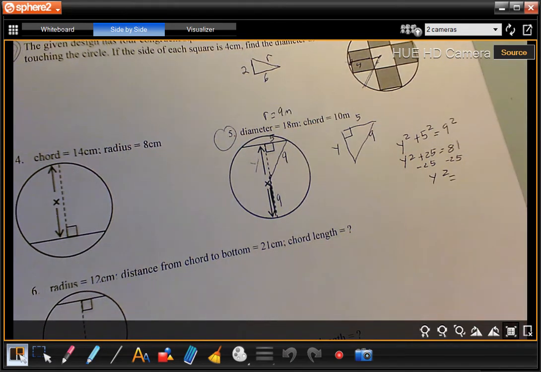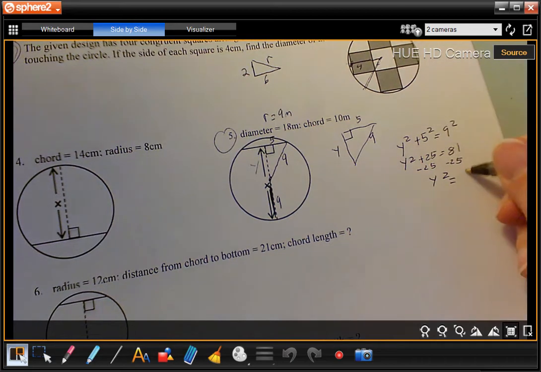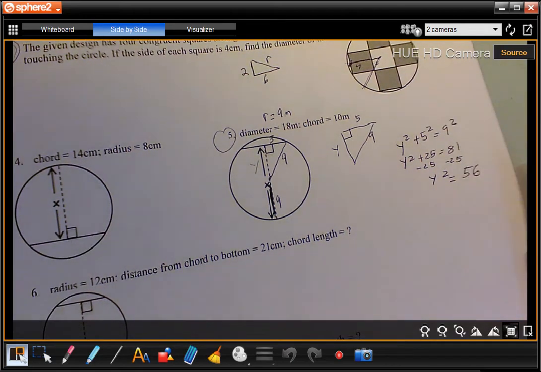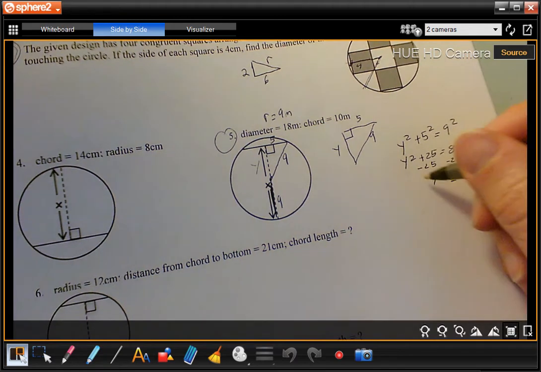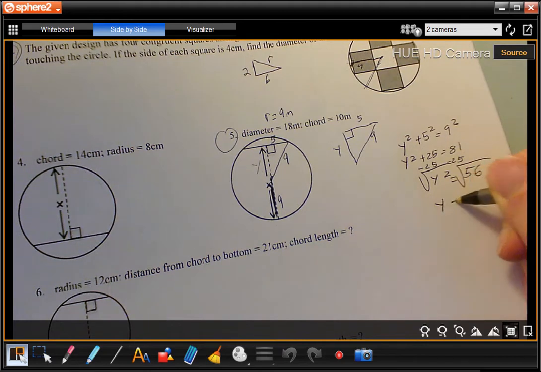And y squared is going to equal 81 minus 25, which is 56. And then I'm going to square root 56, because that's how I get rid of the square. So I'm going to get 7.48. I'm going to leave it at that.